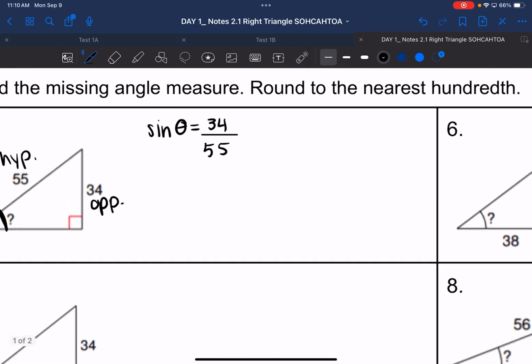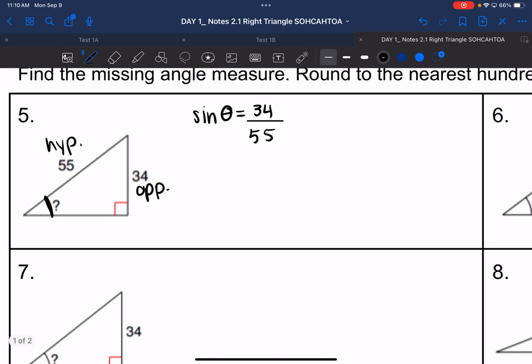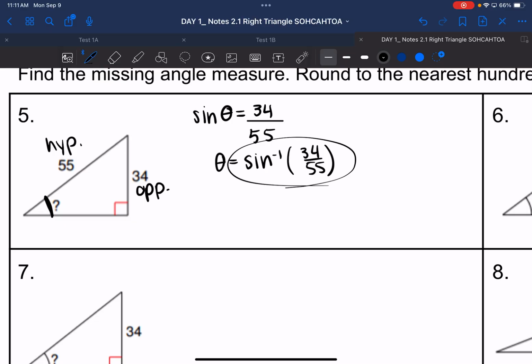So if I take the inverse of sine, it makes sine go away, and all that's left over here is theta. But if I do it to one side of the equation, got to do it to the other, right? So I'm also going to take sine's inverse of the other side, which is 34 over 55. And then that is what you're going to type in your calculator. To do sine's inverse, you just press second before you press sine.